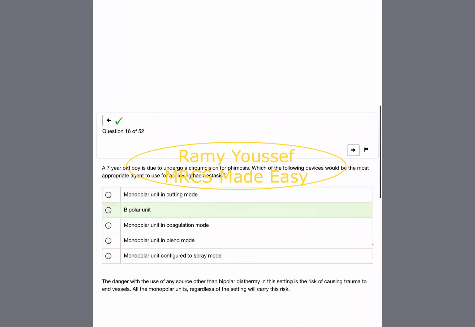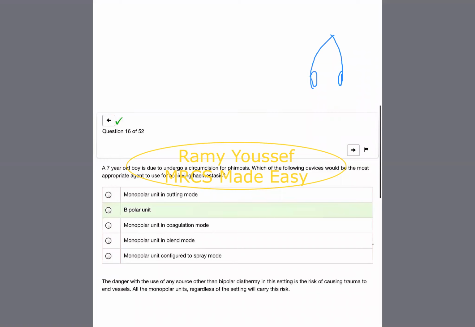In bipolar, you have an electrode with two ends, and the electric current will pass just between the two ends of the electrode.